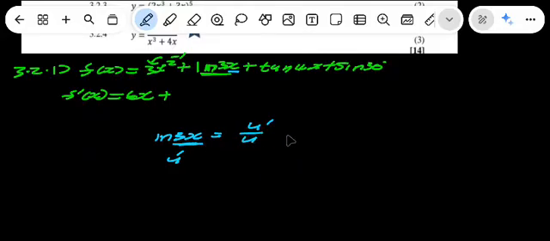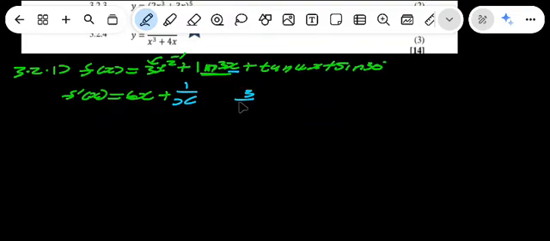The derivative of 3x is 3, divided by u, which is 3x. The 3 and 3 cancel, so this will be 1 over x. That is how you differentiate that.